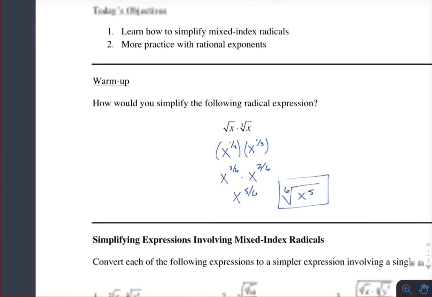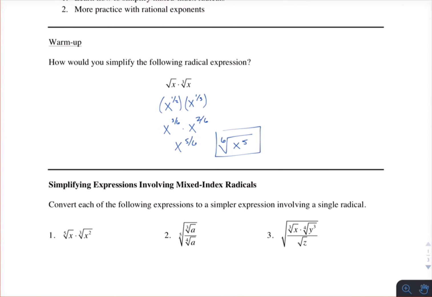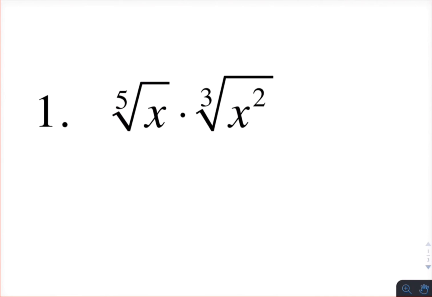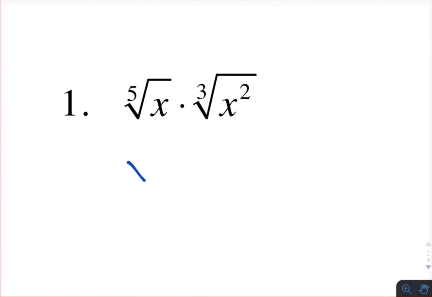So we're just going to go through some more examples. We're basically going to convert each of these so that they are a simpler expression where there's only one radical in it, right? And so we're being told to express as a radical, so we will not leave our results with rational exponents. We're going to convert them to radicals, but there's only going to be one radical. So starting here, we have x to the 1/5 times x to the 2/3.